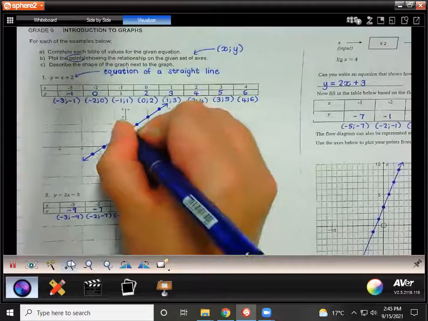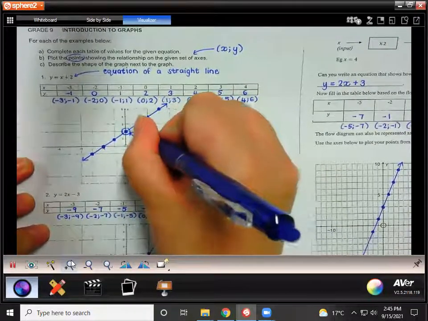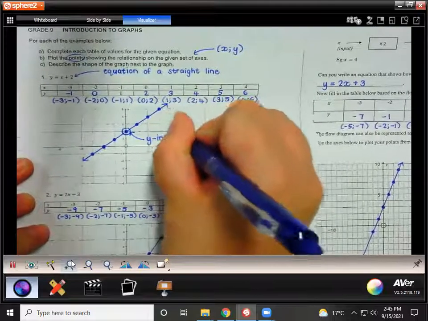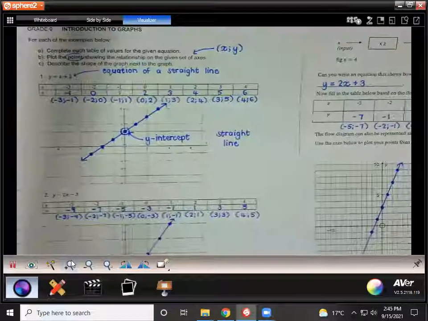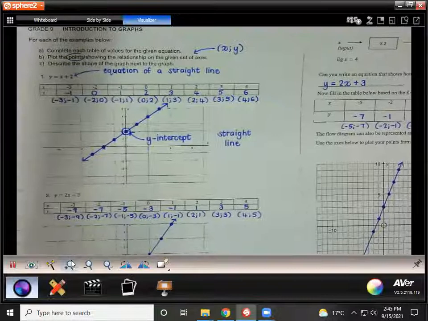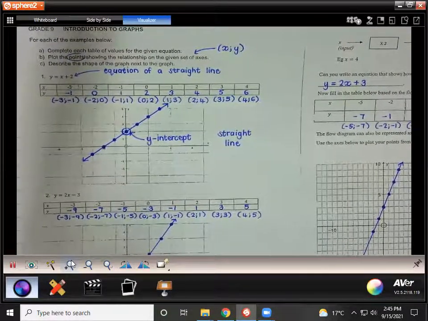Let's circle that point, please, guys. That is important. We call this point the y-intercept. The point where the graph cuts the y-axis, that specific point is called the y-intercept.